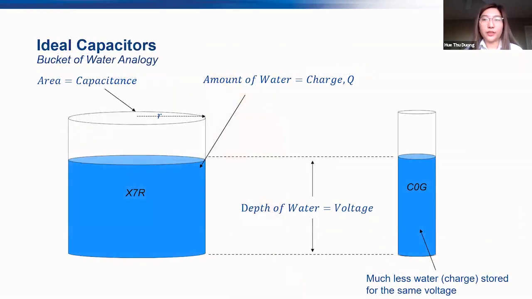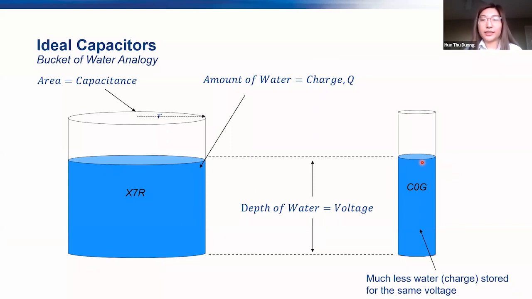To better understand that equation and how charge is stored in a capacitor, this water bucket analogy explains it pretty well. The area of the bucket represents the capacitance, while the depth of the water represents the voltage. The volume of the water represents the total charge stored. So we can see for the bucket on the left, which is of a class 2 X7R dielectric, the area is much larger, which means it can hold more water at the same depth as the bucket on the right, which is of a class 1 C0G dielectric.